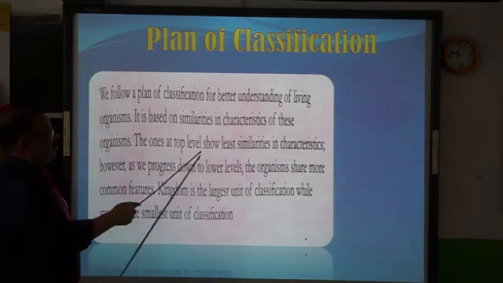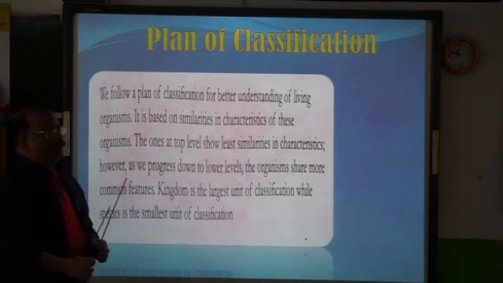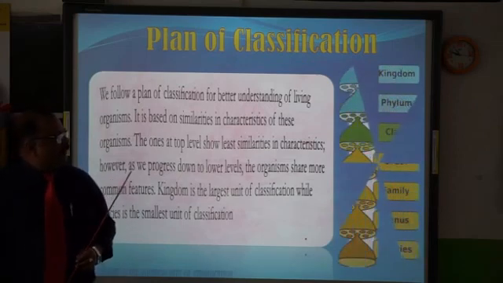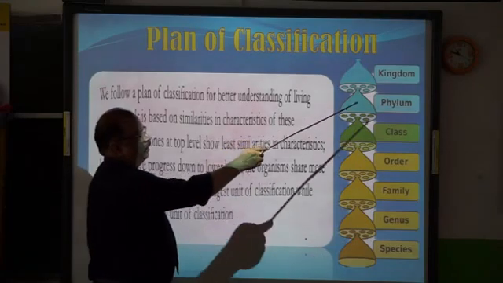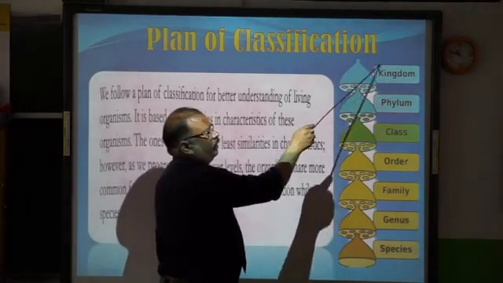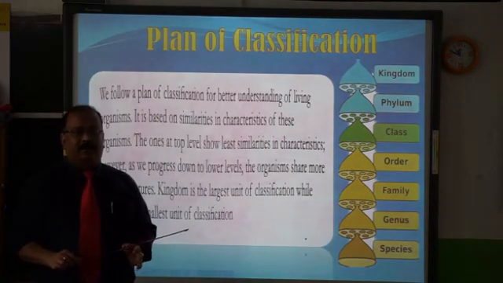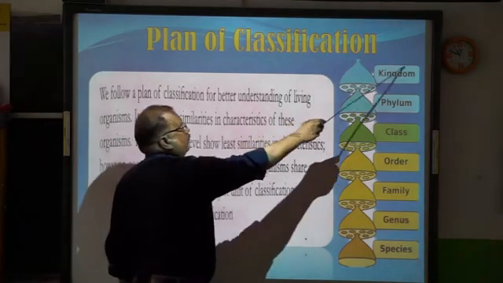The ones on the top show least similarities in the characteristics. Who are on the top? Let's see. So this is the plan we follow. And on the top you have got the kingdom. It has fewer similarities. All the living organisms are present in this kingdom.